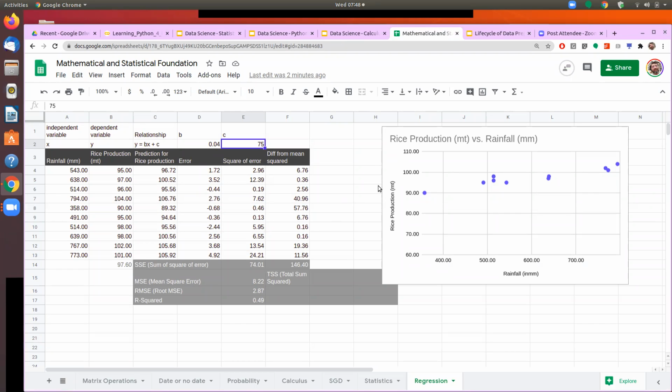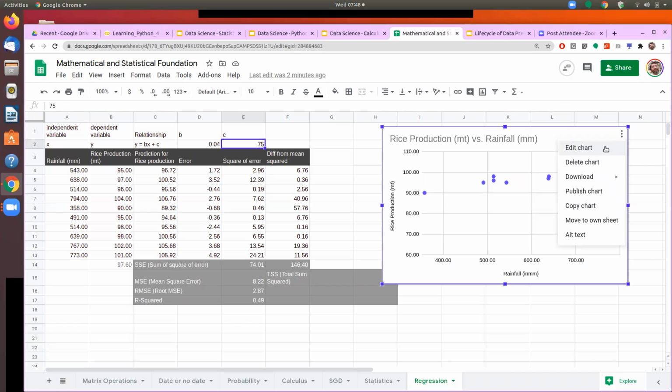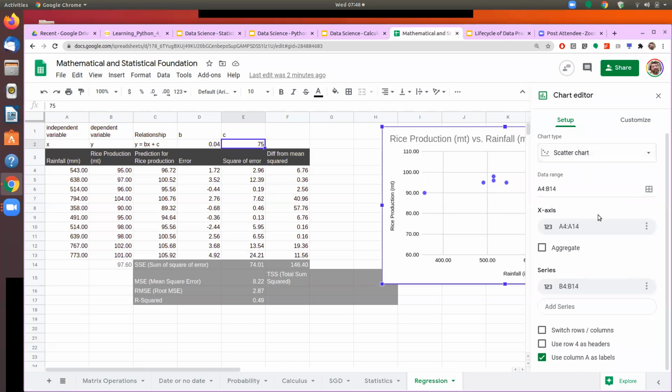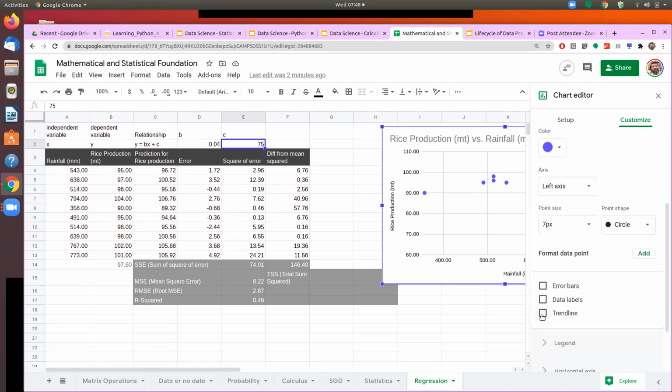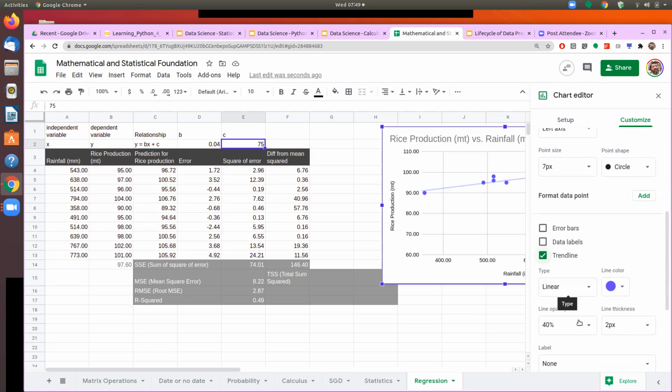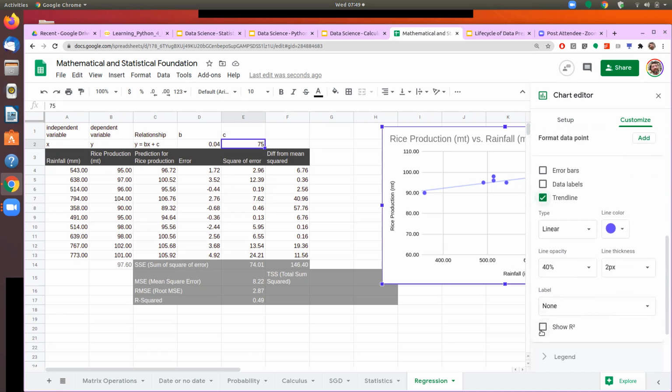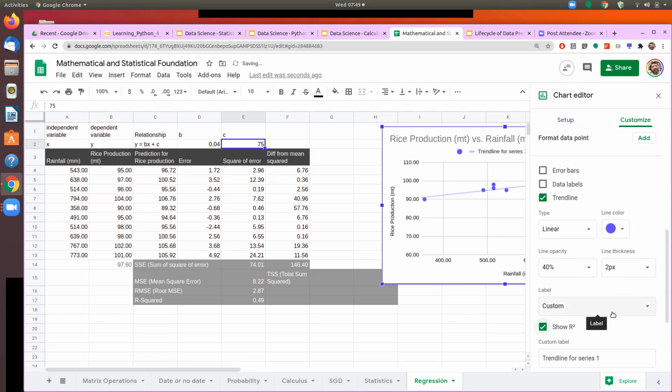Now, even in Excel, we have a way to find out what is the line of the best fit. So first we will experiment with that one. And we can go to series and we can draw a trend line here. So you see the system draws a trend line, and that's the line of the best fit. And here we can also say show R square, and we can ask it to show the equation also.